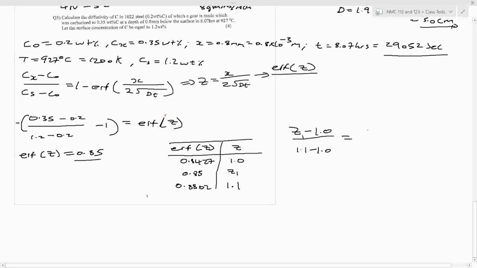So you'd have 0.85 minus 0.8427. 0.85 corresponds with z, 0.8427 corresponds with 1.0, and 0.8802 corresponds with 1.1, and 0.8427 also corresponds with 1.0. So you solve for z.